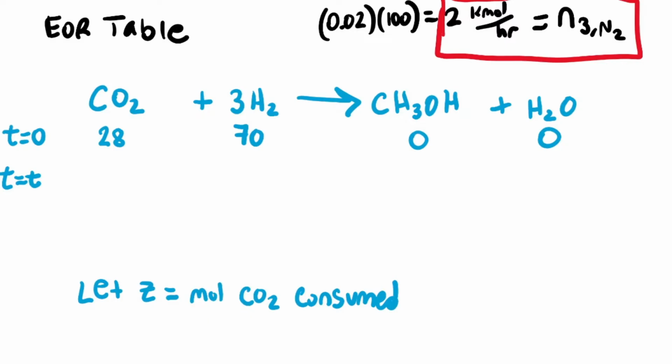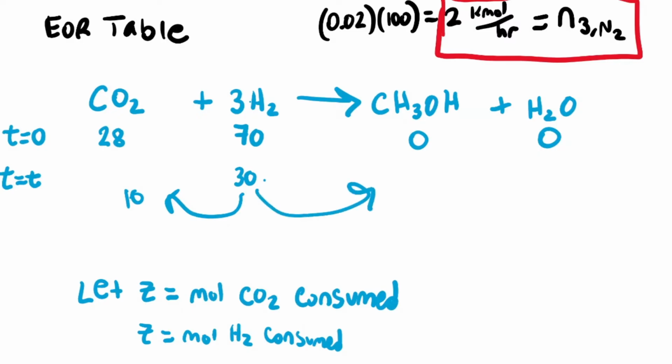For example, if I said Z equals moles hydrogen consumed, the issue is that now all the other reagents would be a third of what my hydrogen is. Because if I consume 30 moles of hydrogen, that really means I consumed 10 of CO2 and I made 10 of methanol and 10 of water. And therefore, everything else is 1/3 Z.